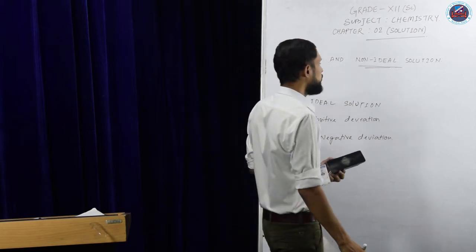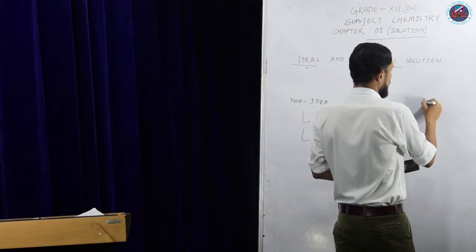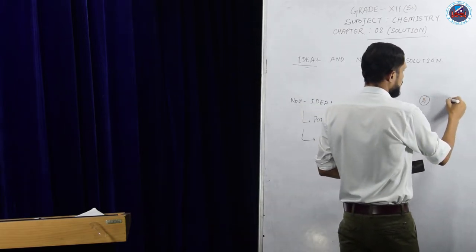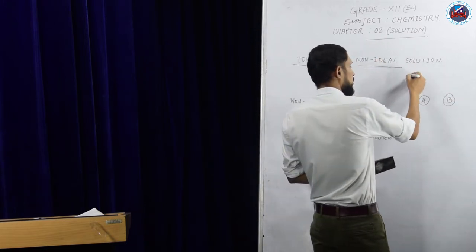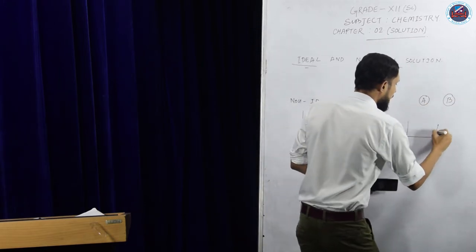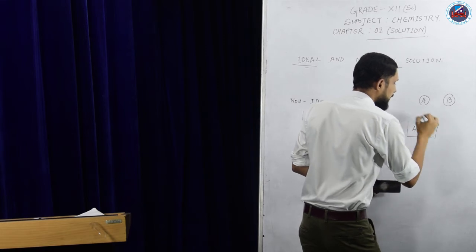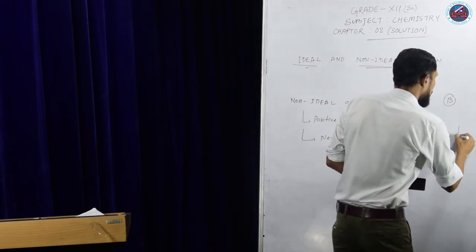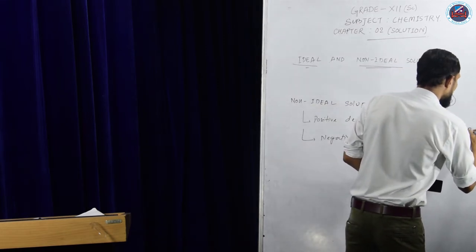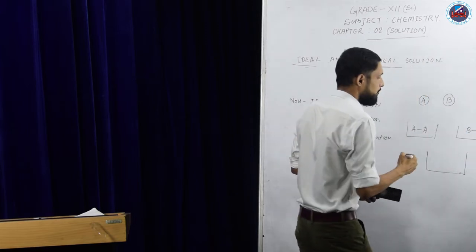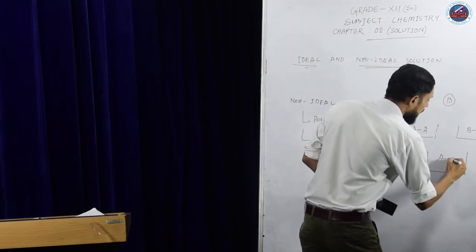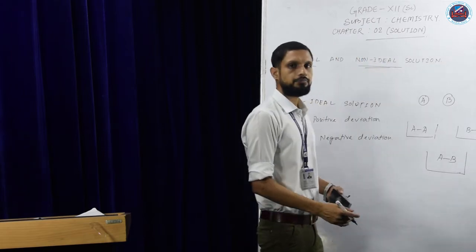So let us consider a solution of A and B. Now, if we take only A, there will be AA interaction. If we take only B, there will be BB interaction. Now, if we take a solution of A and B, there will be AB interaction.